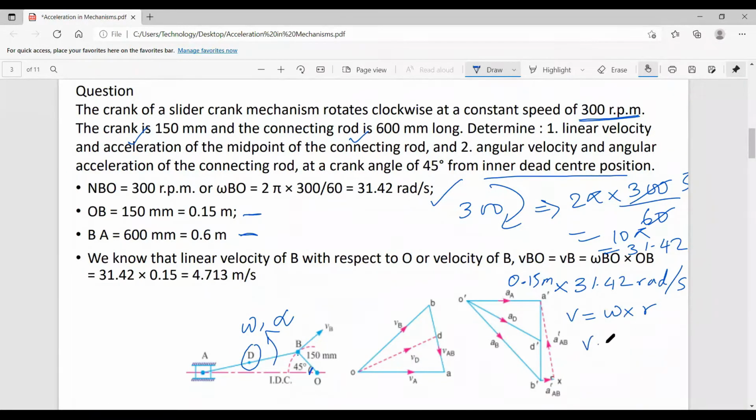So if I multiply, I will have v is equal to 4.713 meter per second, right? So now I have found the velocity of the crank and the angular velocity of the crank.